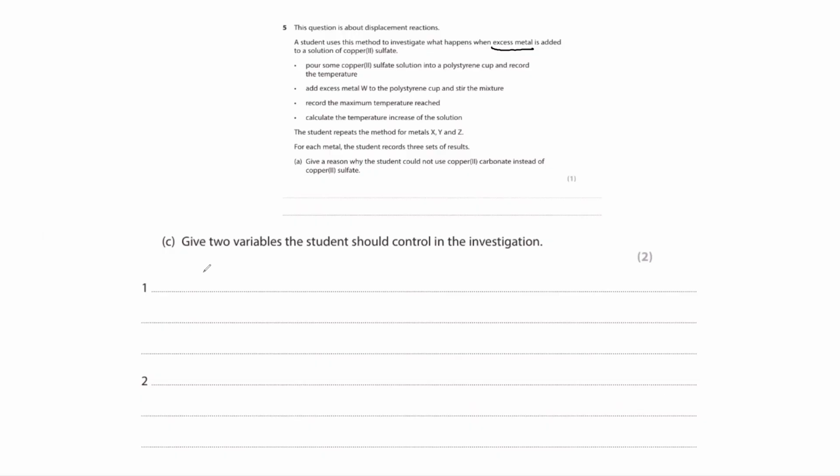But we can write something like this: concentration of copper sulfate solution should be the same. That's one point we can write.